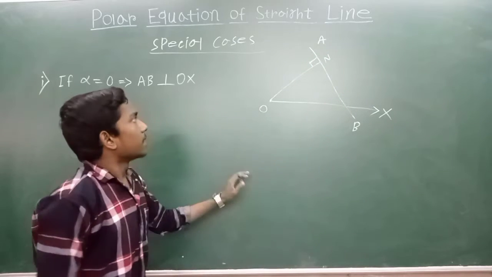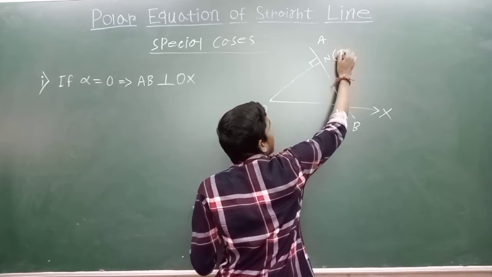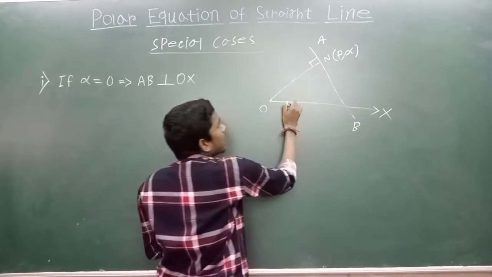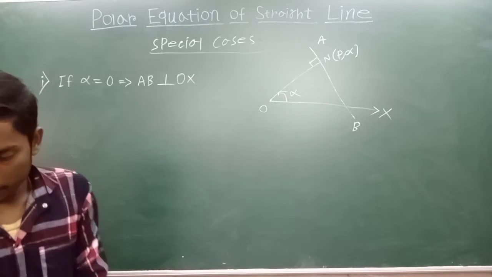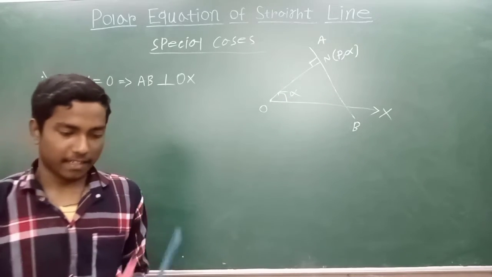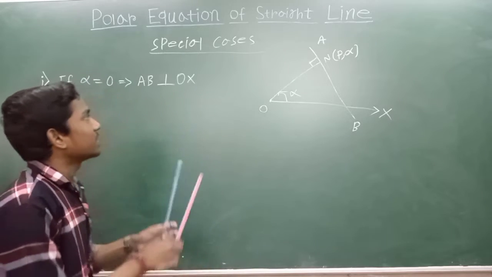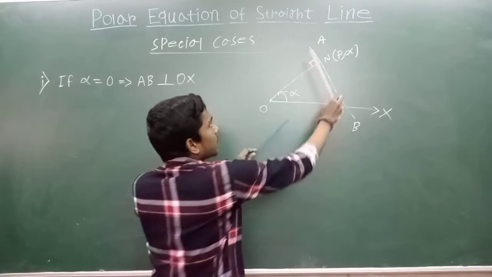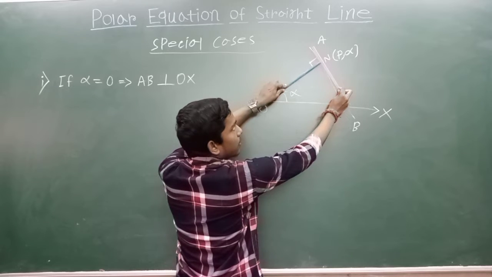So, we know that the coordinate of point N is given as P comma alpha. So this angle is alpha. Now alpha becomes 0. Here I have 2 sticks to elaborate this. So say this is our straight line AB and this is the perpendicular ON.